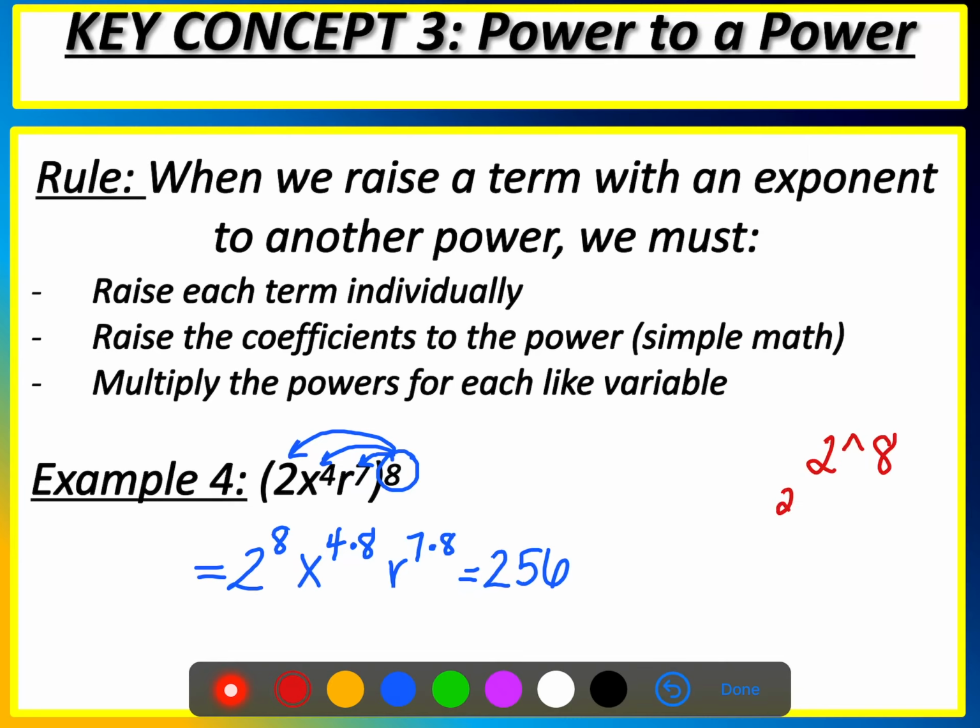This is really multiplying 2 by itself 8 times. And then everything else we're just going to multiply normally. So x to the 32, r to the 56. That is called power to a power. When you are raising exponents to another exponent, we multiply them together.